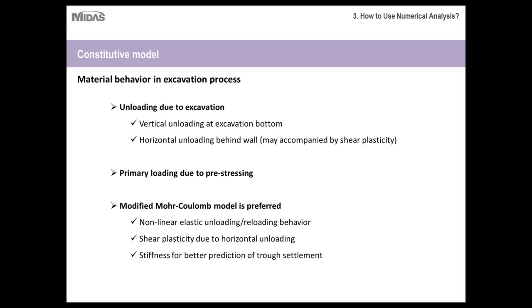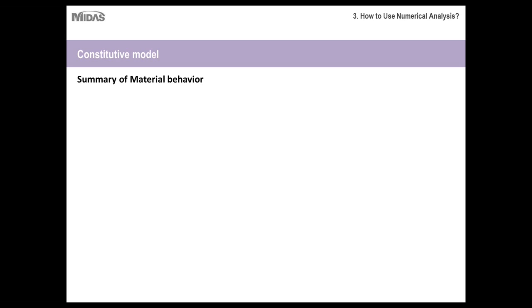So if you are dealing with tiebacks which are bonded or pre-stressed, then there is a primary pre-stressing force that is exerted. Then the modified Mohr-Coulomb method is preferred because of its ability to account for non-linear elastic unloading and reloading, its ability to account for shear plasticity due to horizontal unloading, and stiffness for better prediction of trough settlement.